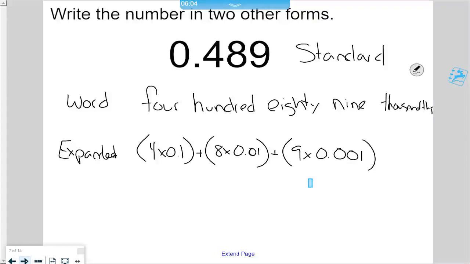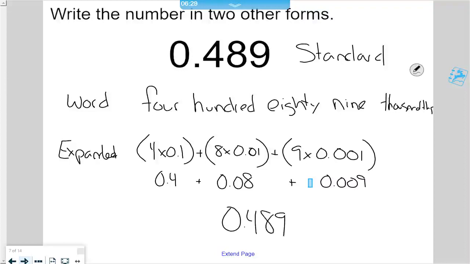So what I'm trying to do here is, if I take 4 times 0.1, I end up with 4/10. 8 times 0.01 is 8/100. If I take 9 times 1,000th, I get 9/1,000. So if I add those all together, I end up with my number of 0.489, or 489 thousandths.